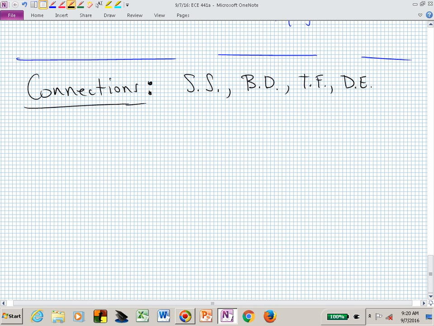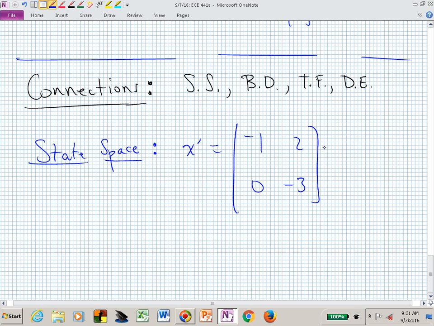Let's start with the one on the left, the state space. Here it's x prime is equal to [-1, 2; 0, -3] x plus [0; 1] u.